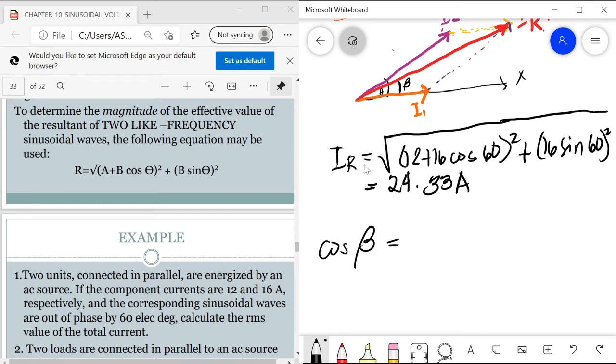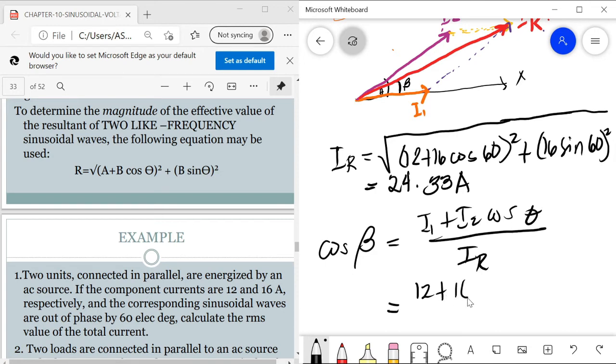So naka-RMS din tong resultant natin. So cosine beta is I1 plus I2 cosine theta divided by resultant. 12 plus 16 cosine of 60 divided by 24.33.